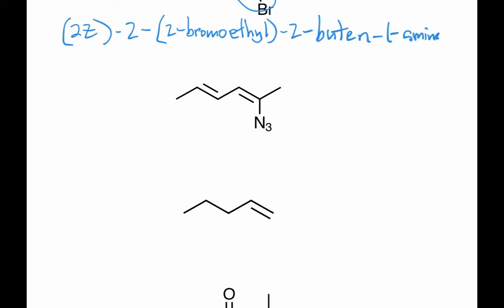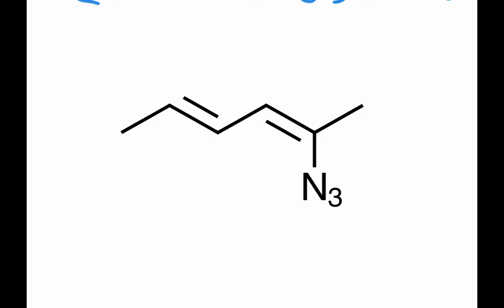All right, okay, so then let's look at the next example here. Carbon number 1 is going to be right here. So I'm going to have 1, 2, 3, 4, 5, 6. So this is a hexadiene, diene for the 2 double bonds. Now, since I have 2 double bonds, I have to assign priority to both of them. So let's go ahead and zoom in so we can do the priority. So let me see if I can divide this up a little bit. So I've got the 2 sides of the 2 double bonds.